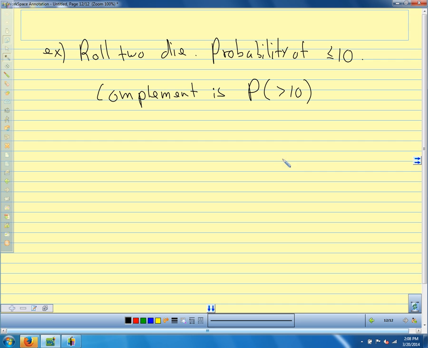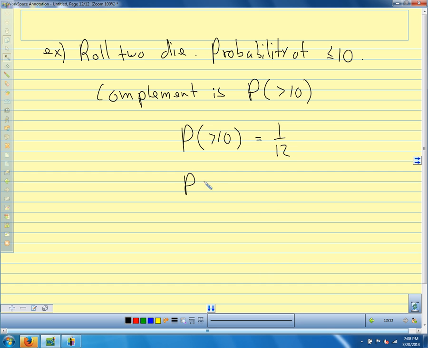Well, didn't we calculate that already? What did we calculate the probability of rolling greater than 10 was? That's the probability of rolling an 11 or a 12. The probability of greater than 10 is 1 in 12.